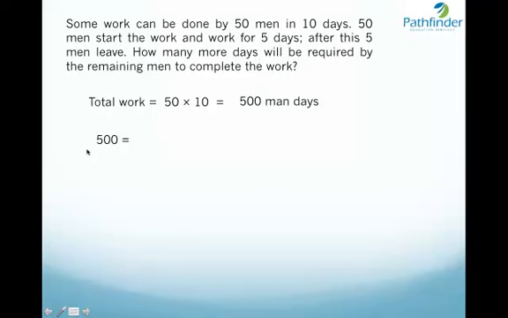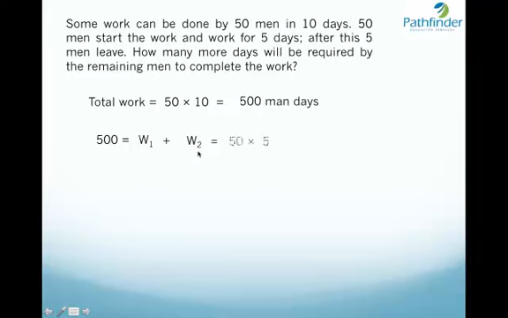Now 500 man days must be equal to work done in the first segment plus work done in the second segment. What is the first segment? The first segment is the work done by 50 men for 5 days. Now remember, after 5 days, 5 men leave. So we call the segment after 5 men have left segment number 2.